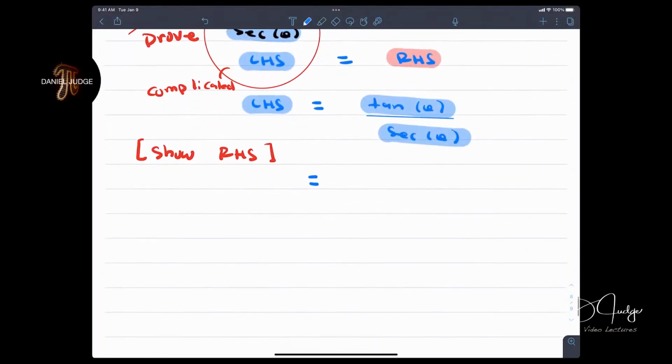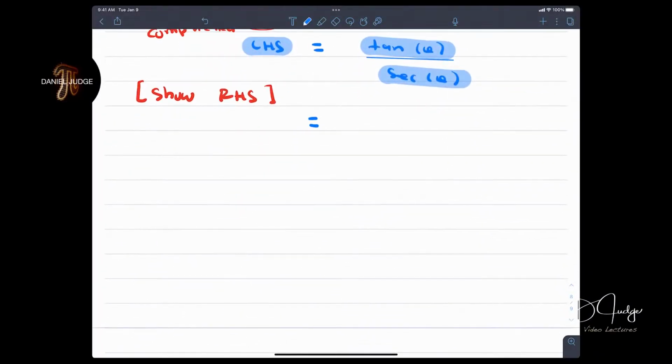So I would say to you, tangent theta is sine theta divided by cosine theta. Okay? And that's tangent theta.